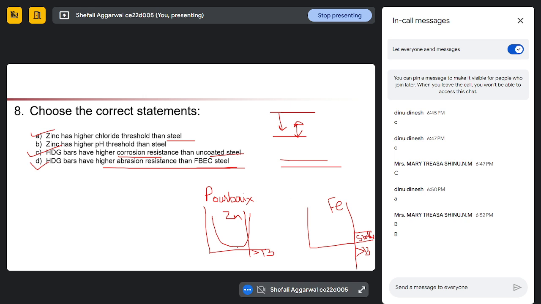So the pH threshold of zinc is less than that of steel. Steel's pH threshold is around 9 to 10, and zinc will be less than that, because even at a lower pH it can corrode. Okay, so the correct statements are A, C, and D. Zinc doesn't have a higher pH threshold than steel. Zinc has a lower pH threshold than steel.